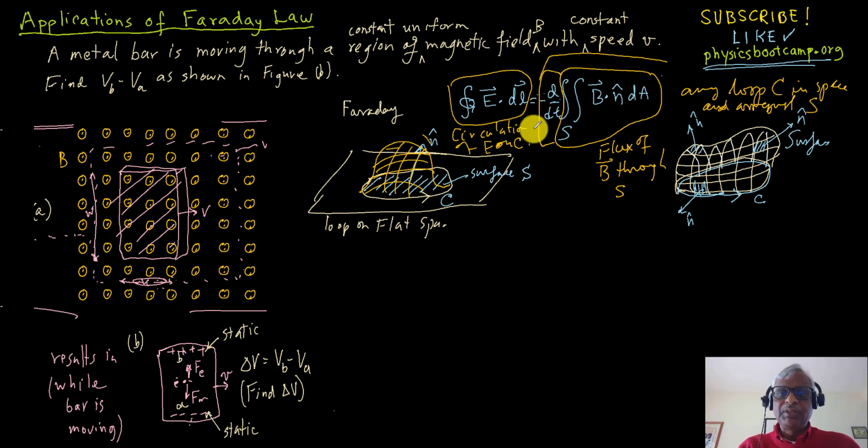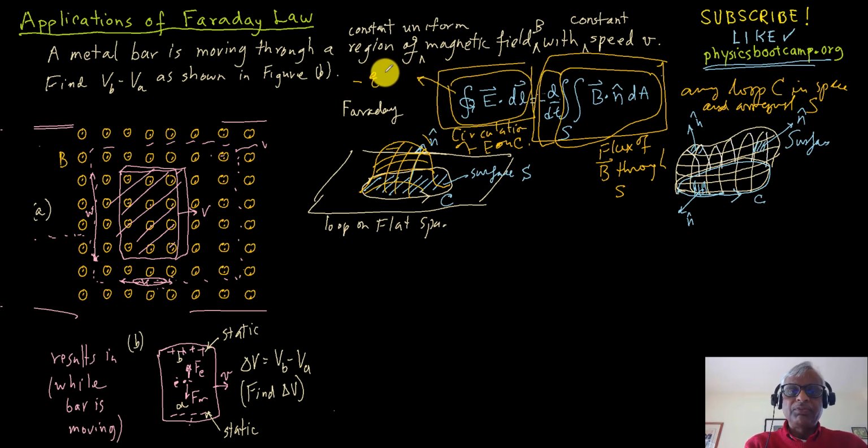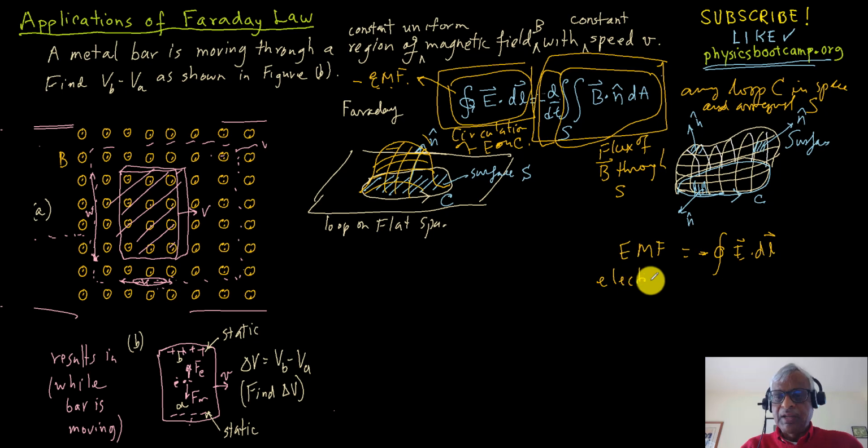So the negative of this, E dot dl, is also called the EMF, electromotive force, or you can say the voltage around the loop.